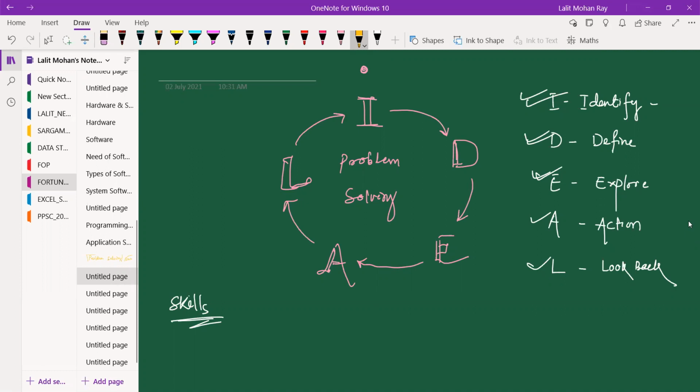Suppose you are solving a problem in mathematics or physics or chemistry or computer science, in any subject. First of all, what are you doing? What do you actually do when you are solving a question? When you want to solve a problem, what do you do?